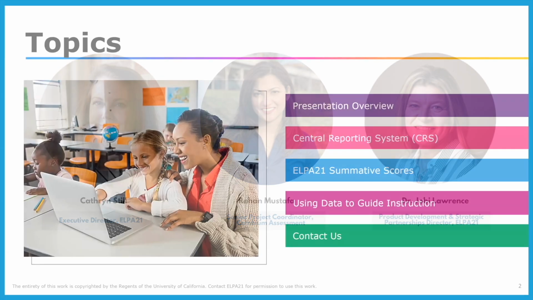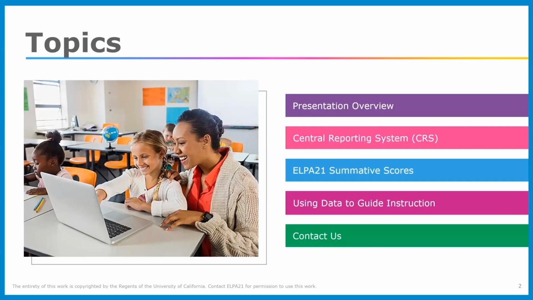In today's webinar, we'll start with a brief overview of ELPA21's cohesive system of assessments, scores, and instructional support. Then we'll get into the details as we look at the central reporting system. You'll learn how to navigate to the central reporting system, log in, and access score data, how to view performance by district and school based on your user level, and how to generate an individual student report, or ISR, and your student data files.